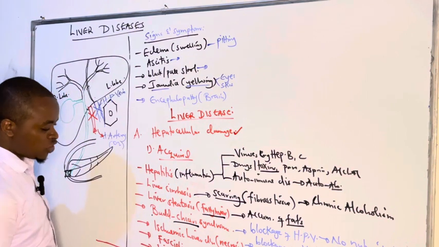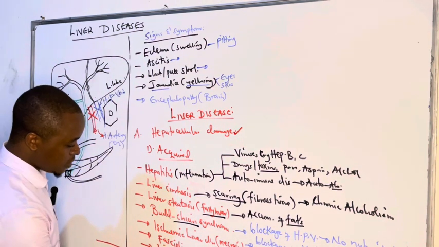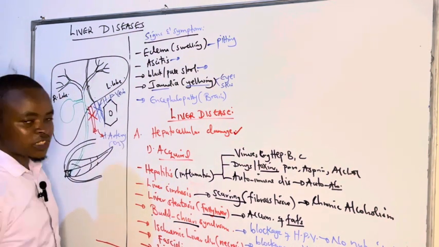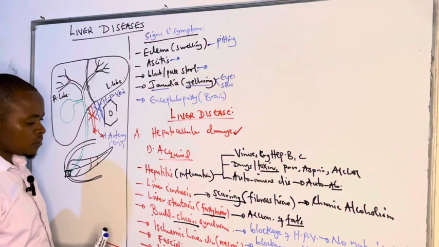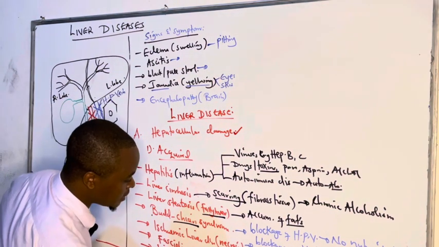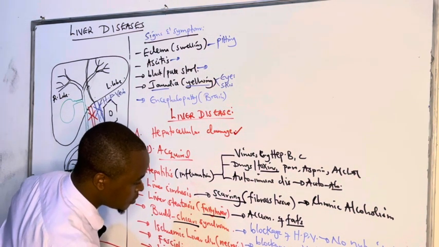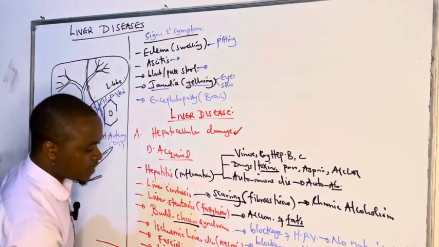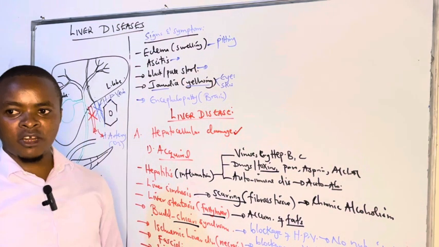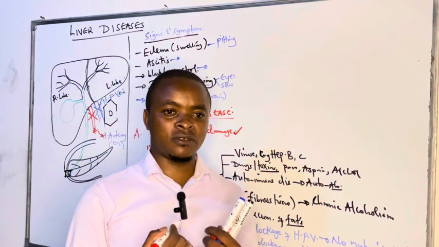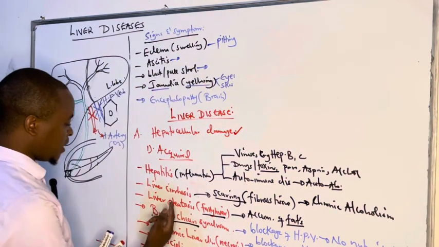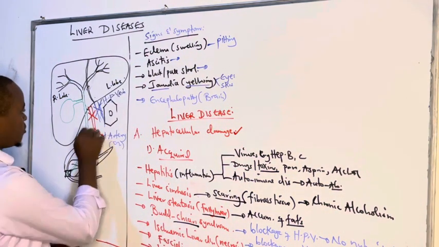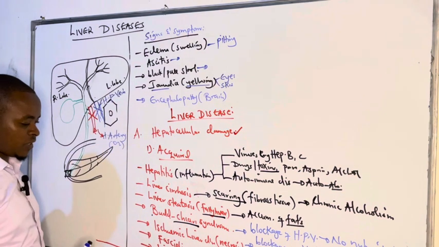Then another condition is fascioliasis, which is majorly caused by Fasciola hepatica. This Fasciola hepatica is a parasite which affects the liver, and whenever it invades the liver cells, it causes what we call fascioliasis, which can lead to the loss of functionality of the liver.